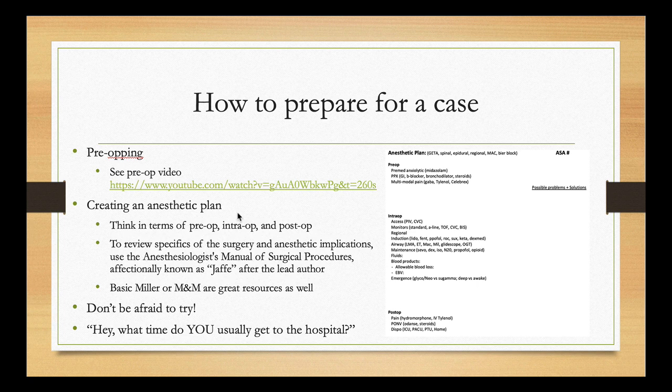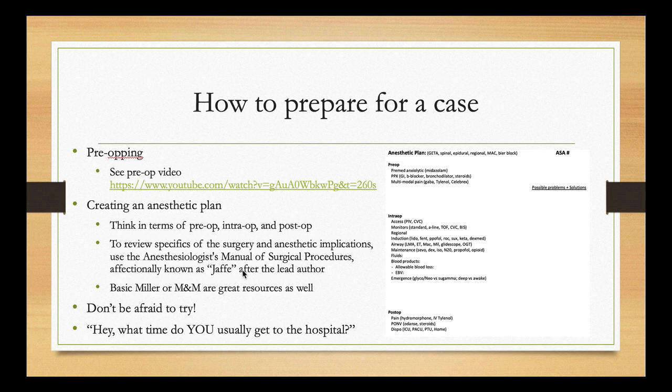And then when talking about creating an anesthetic plan, it's useful to think in terms of pre-op, intra-op, and post-op. And from that aforementioned template, I've listed a breakdown of that with some details under each of those three headings that will help you remember what it is that you might want to include in your plan.